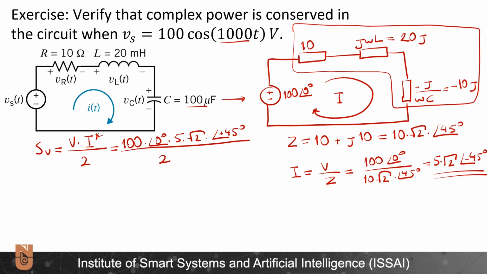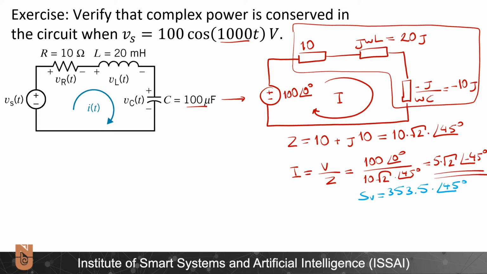And now I will use MATLAB in order to find this quantity, and it is 353.5 with an angle of 45 degrees. Now we found the complex power delivered by the voltage source, and we need to see whether the other three elements will absorb the same amount of power delivered by the source to make sure that the complex power is conserved in this circuit.